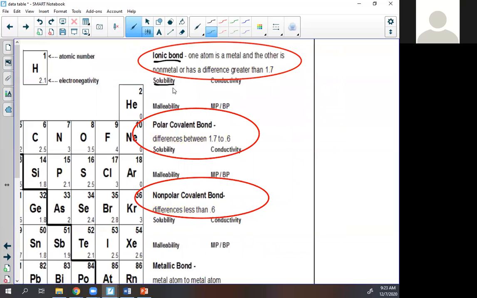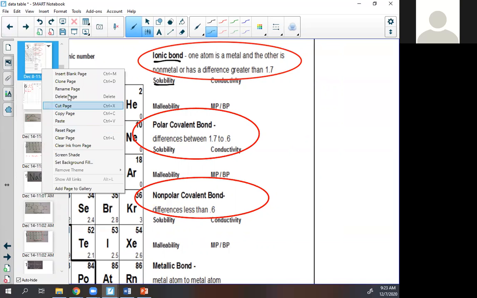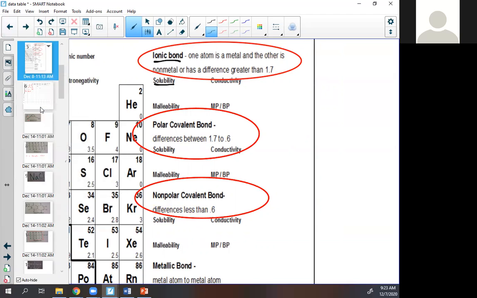So when you look at the data table for the two things that were ionic, did they dissolve in anything? They dissolve in water. Do they dissolve in anything else? No, they do not.